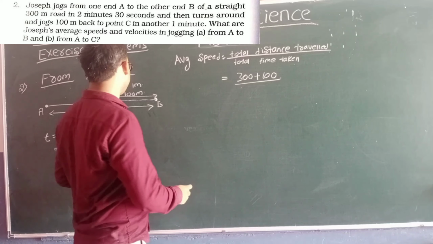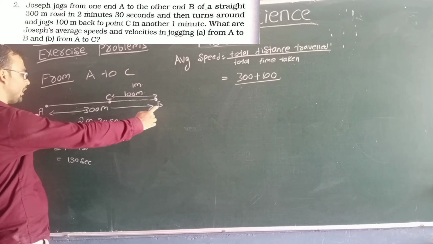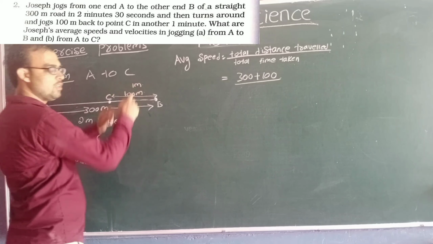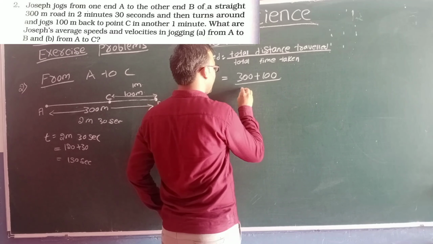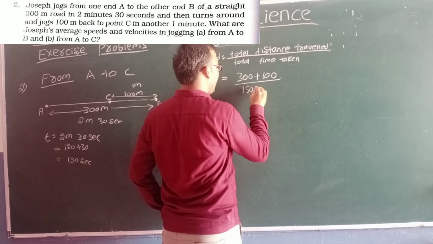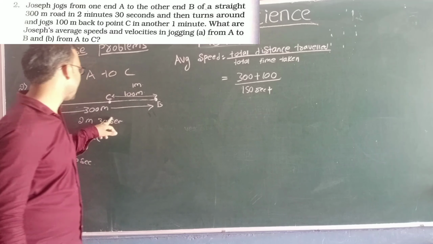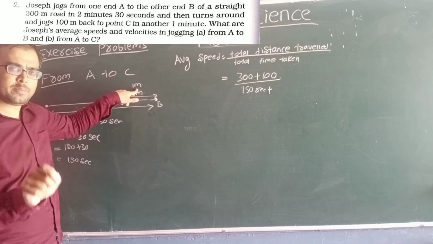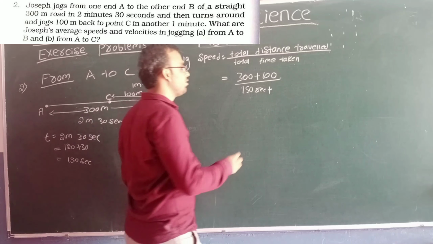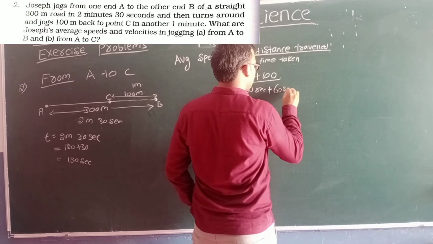What is the total time? 2 minutes 30 seconds plus 1 minute, so 150 seconds plus 1 minute. 1 minute means how much? 60 seconds.